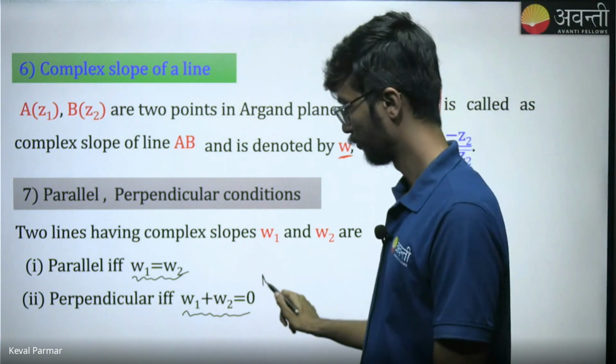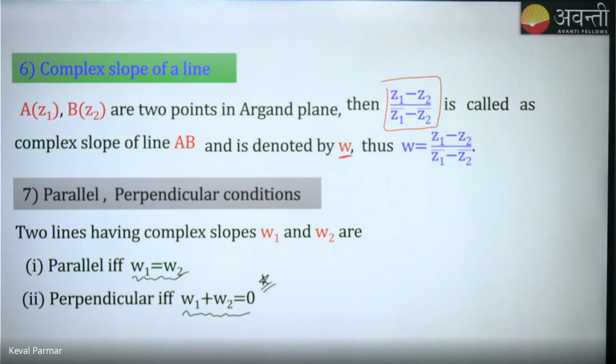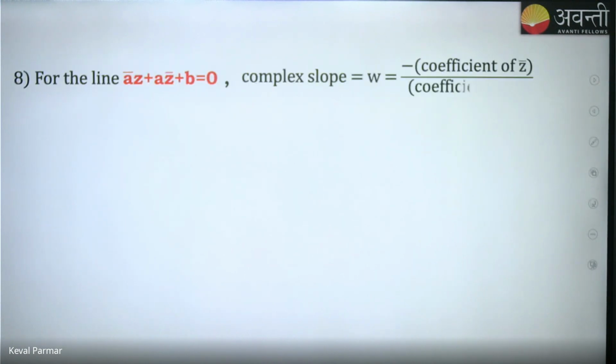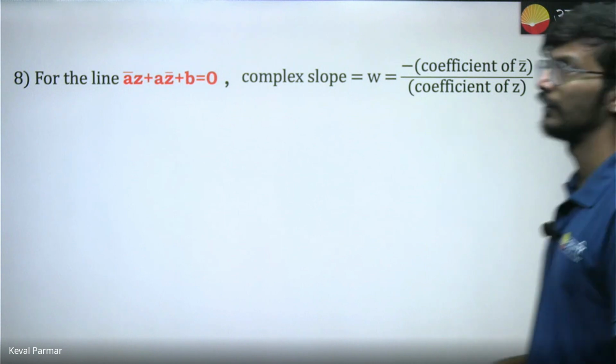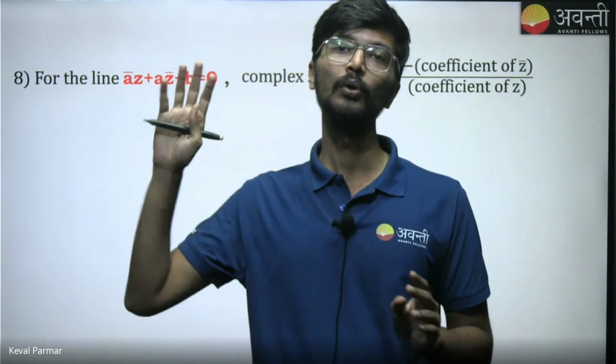Don't get confused with straight line. It is W1 plus W2. So suppose the equation of line is like this, the general equation of line. As in straight line, we had the general equation as ax plus by plus c equals 0.